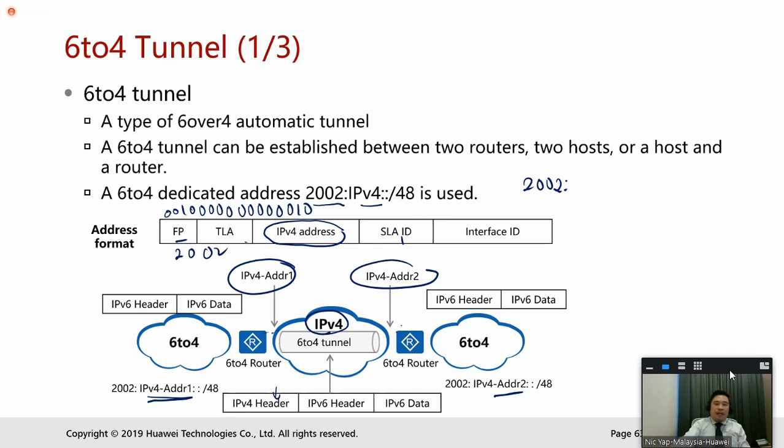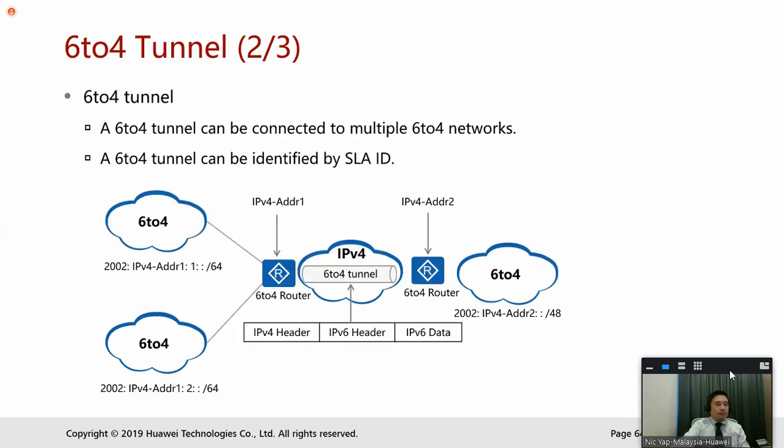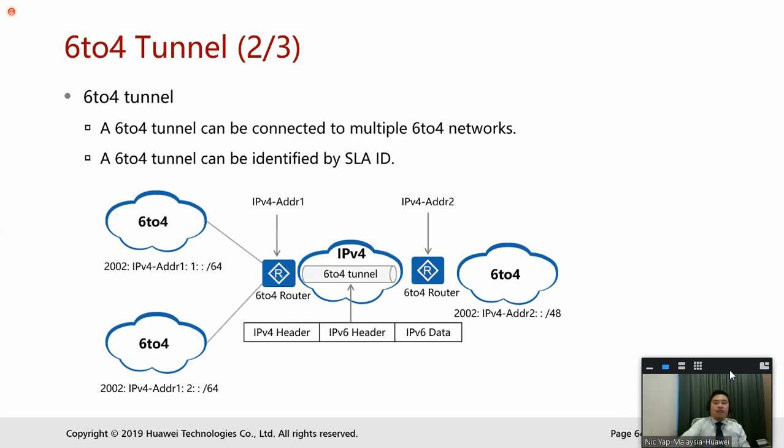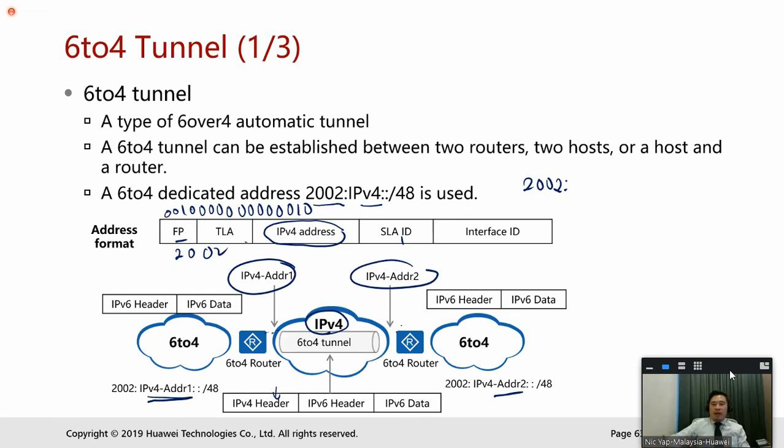Okay, so they have one example here. Did they show the example? No. Okay, they did not fully show the example here, but for the IPv4 address, the address will be determined something like this. Let's say they have 2002 colon, then A.B.C.D and double colon.